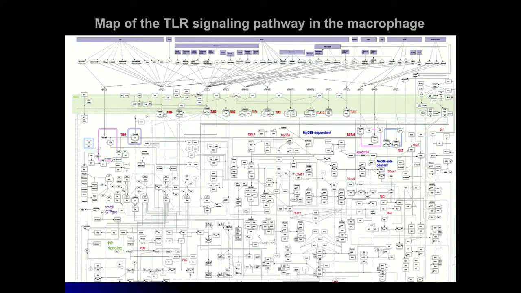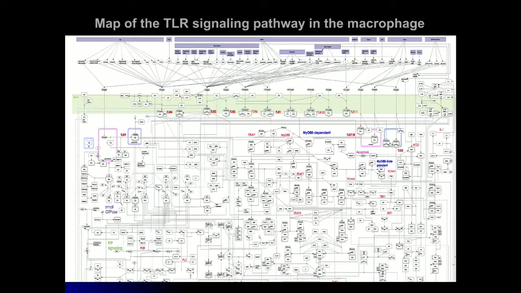So in a living cell, these networks not only govern the behavior, but they also propagate information from outside the cell. This is an example of a signaling network in the macrophage, which is an important immune cell type that is resident in all of our tissues and is our first line of defense against invaders like bacteria and viruses, other than our skin, which is really our first line of defense.